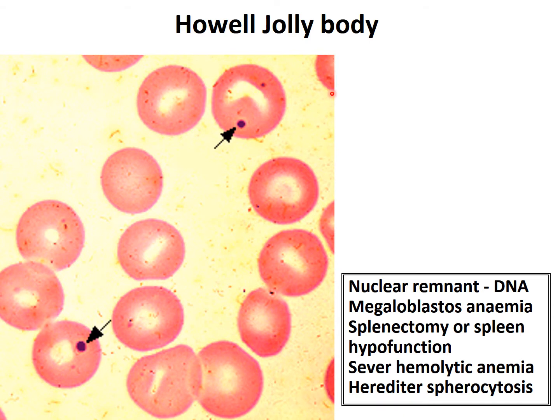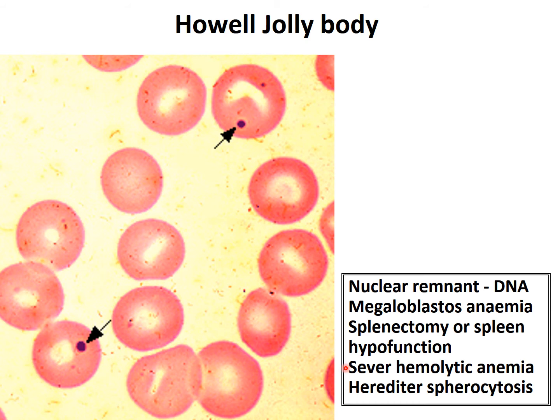Howell-Jolly body. Howell-Jolly body is a nuclear remnant inside the red blood cells. That can be due to, for example, megaloblastic anemia, or if somebody had a splenectomy or spleen hypofunction. But if we have a severe hemolytic anemia, we have very highly stimulated erythropoiesis, and we have erythropoiesis in the liver or in the spleen, so out of the bone marrow.